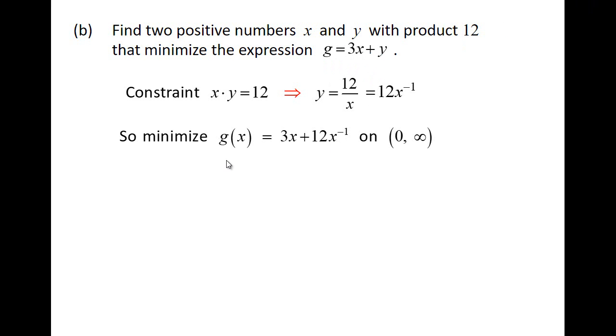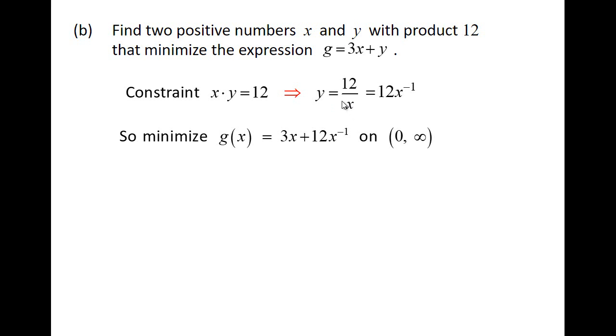Now let's figure out the domain of this function here. Well, x and y are positive numbers, so x is clearly positive, and the question now is, can x be any positive number? Can I pick x big and still have that x times y is 12? Well, the answer is yes.